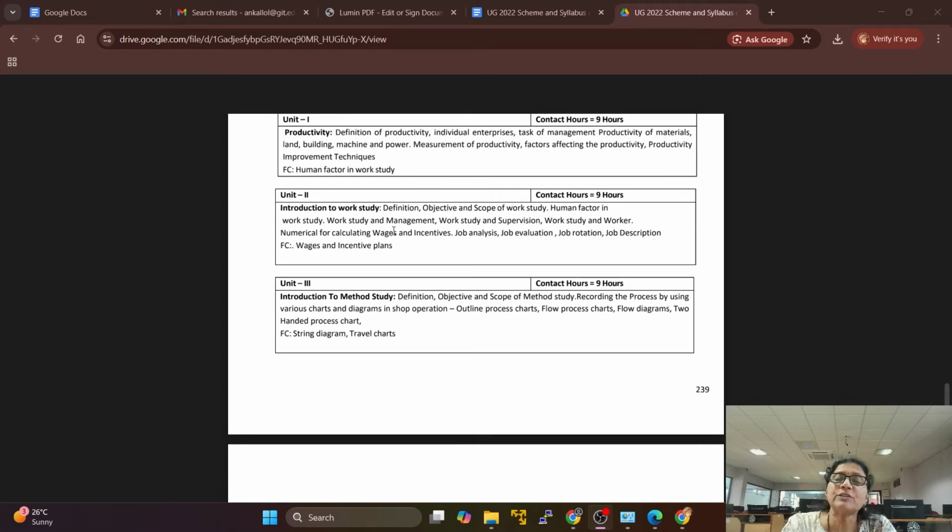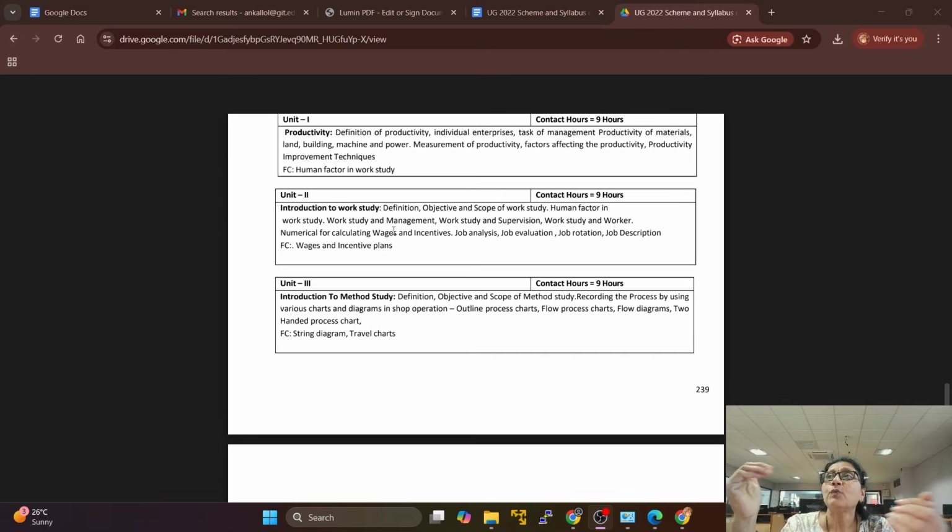So conduction of method study means you'll have to select the job in the workplace and decide where it starts and where it ends, and then record all the relevant information by using the charts, and then each and every step needs to be evaluated or critically examined, and then develop the best method of doing the job.